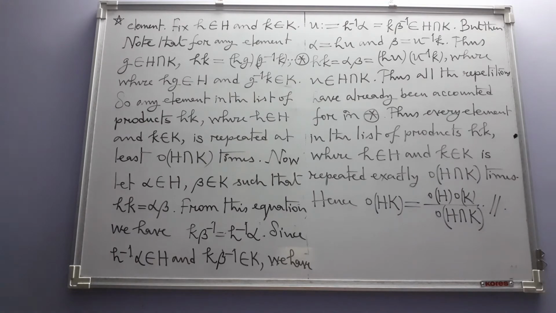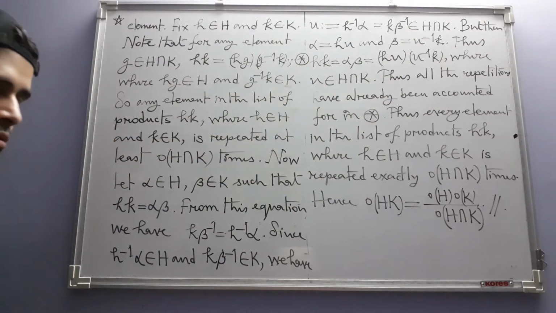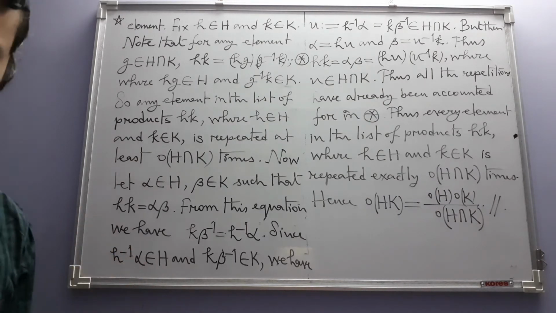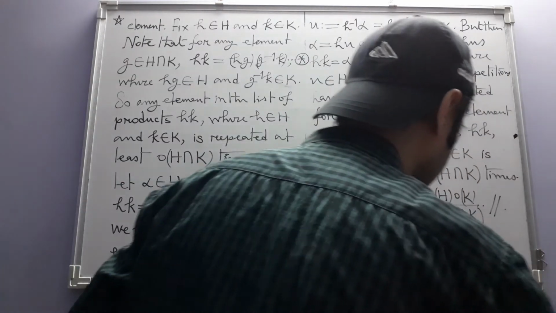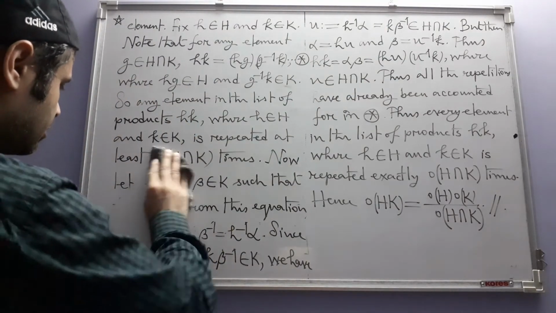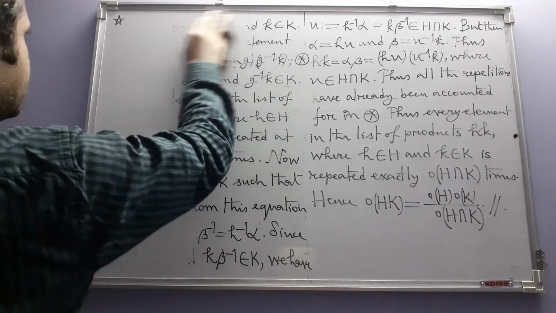It's a nice result and it is a very useful result also. You can use this to solve many problems about finite groups. Now we can use this result immediately in a special case.